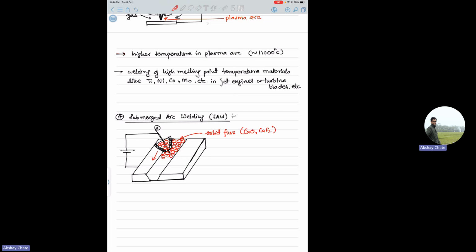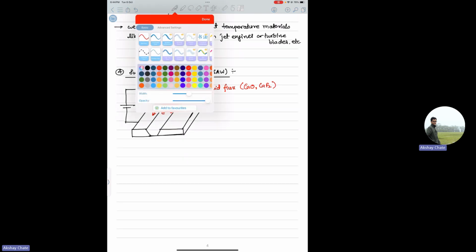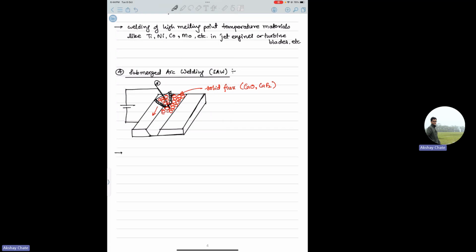Therefore, as the arc is submerged in flux, heat transfer losses from the arc are minimum. Okay, so here you don't provide inert gas separately. That also is one of the advantages, that you don't need to rely on inert gas supply.